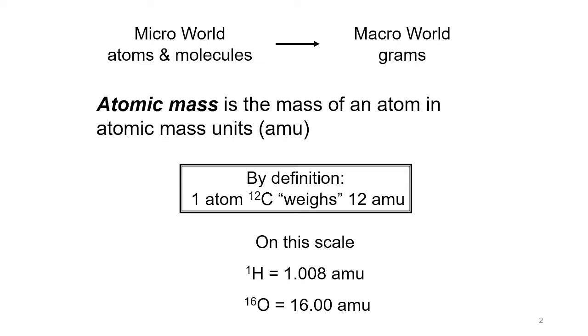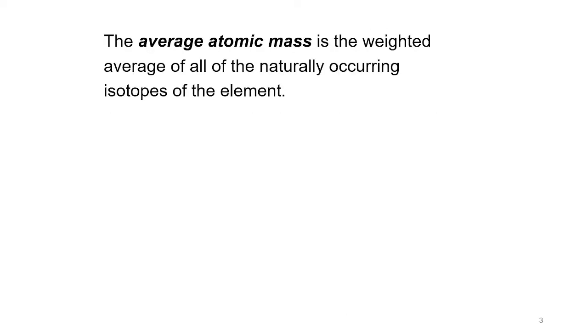And using that atomic mass unit, the average atomic mass is the weighted average of all naturally occurring isotopes of an element. As you may have remembered, atoms exist in our world having different numbers of neutrons, meaning they have different weights.